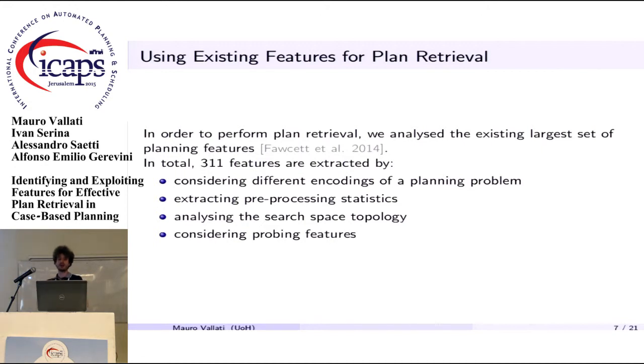Basically, you take a planner, you run it for 1 second or 2 seconds, and you extract all the information that you can from its trajectory.